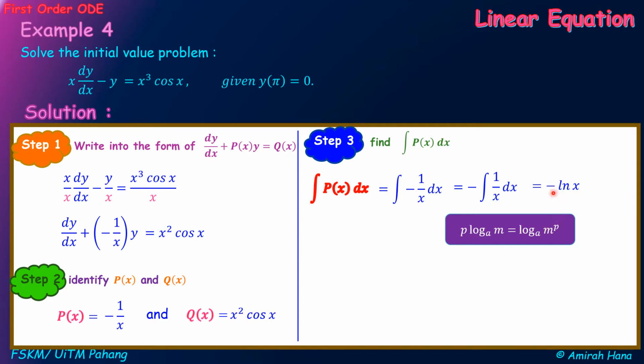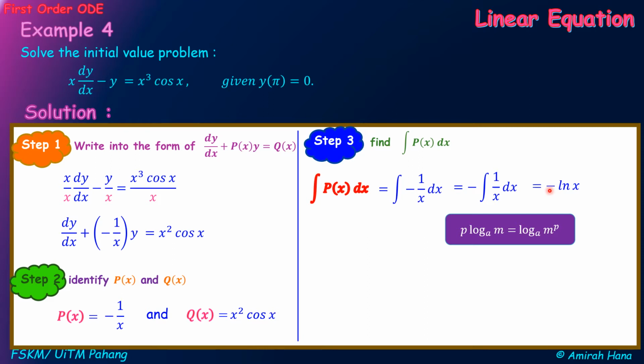Then, from the properties of logarithm, we need to move the multiplication of p up to the exponent, so we get m to the power of p. Why do we need to use this property? Because when we get the answer in ln, we need to write the coefficient of ln equal to positive 1.